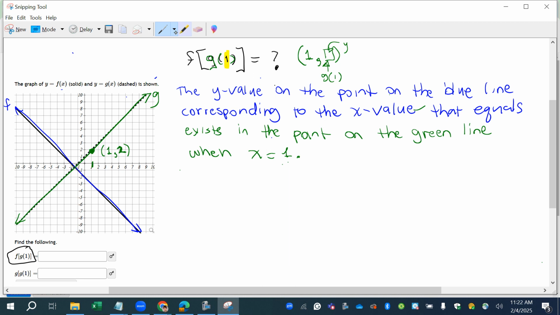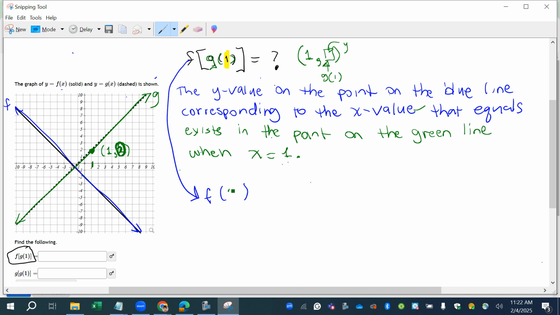Right? So now I'm just going to take what we were originally given and rewrite it as f of, and instead of writing g of 1, now I know that g of 1 is actually the y value on the g line when x equals 1.